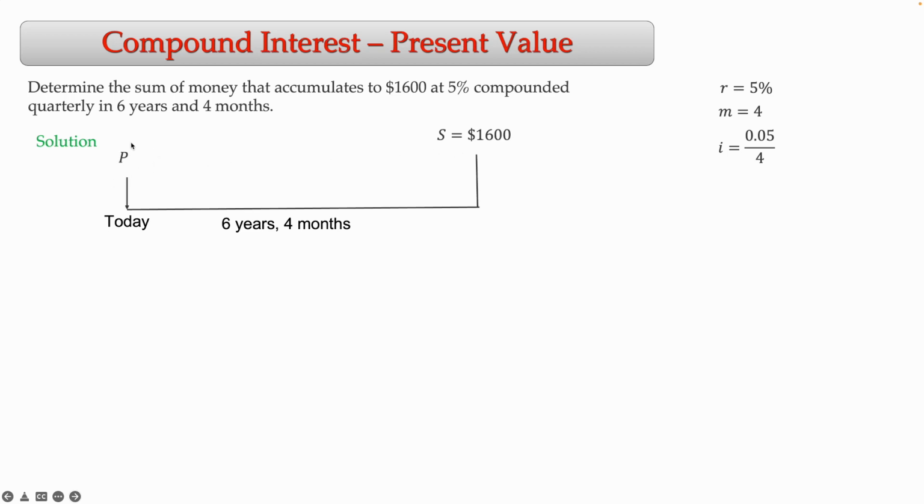So in this moment, we recognize that we need to compute the present value, and that the formula of the present value is the one that we know. When we compute the number of periods, when we multiply t times m, we have 4 over 12 multiplied by 4, because there are 4 periods per year.